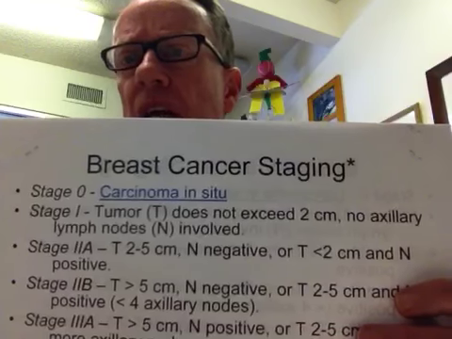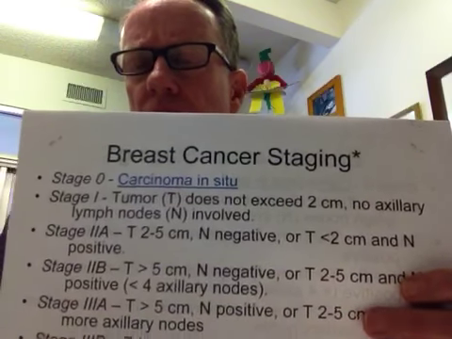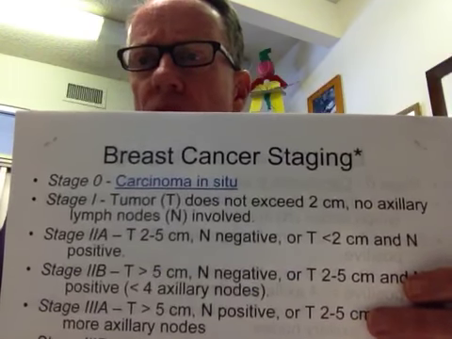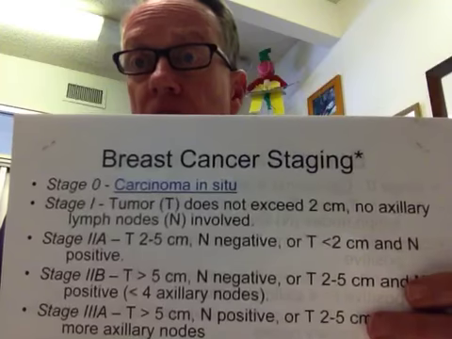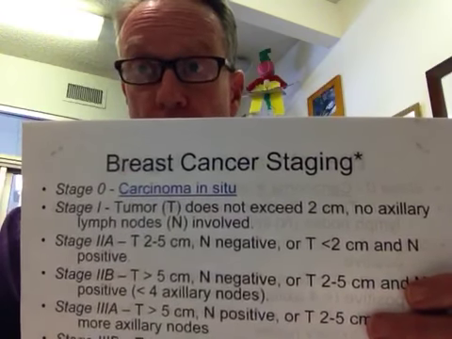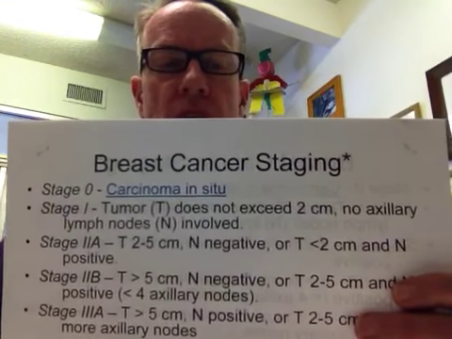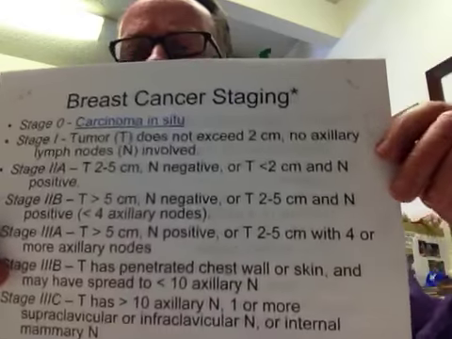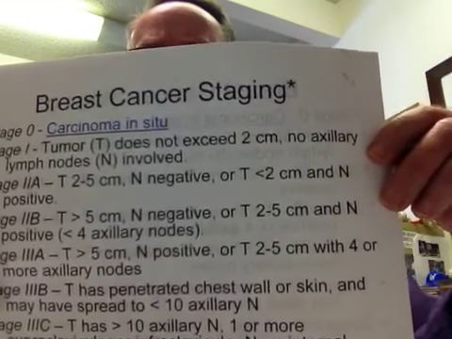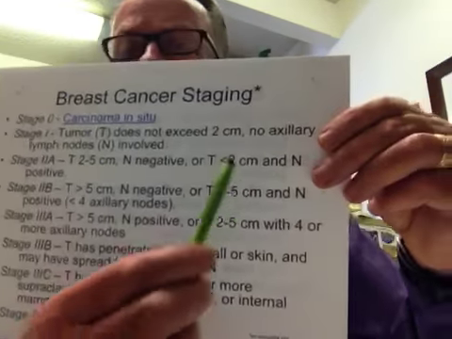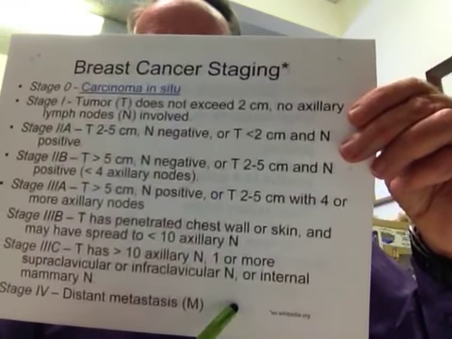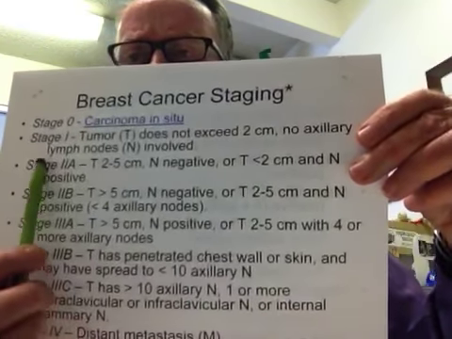You know that the staging of cancers is variable. Each medical guild determines how to stage the cancers of the organ systems where they are the specialists. It just so happens that in breast cancer staging, it's by actual stages, and this is available to you again to see.